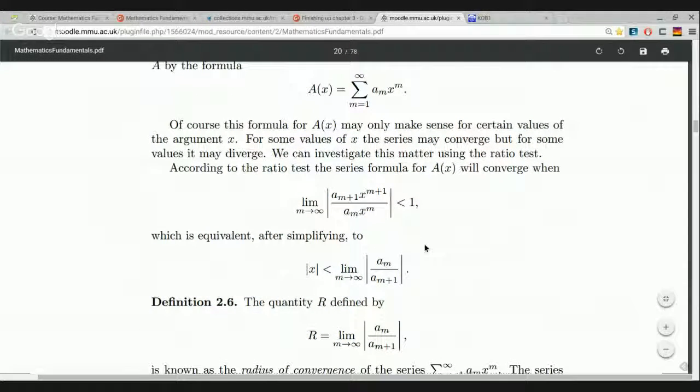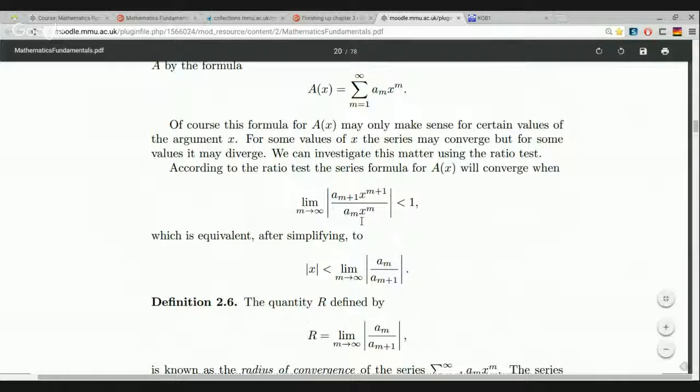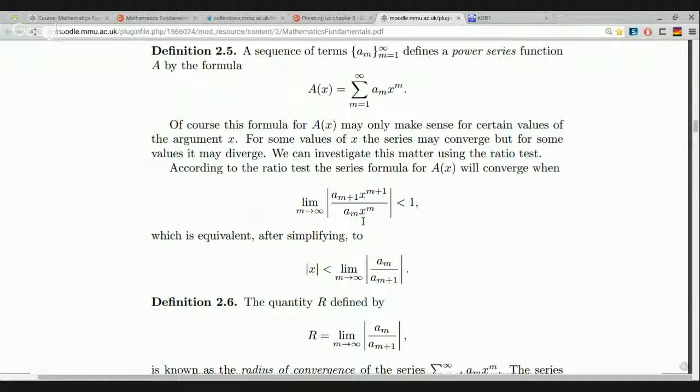So we're looking for when that is less than 1. Now, that will depend on what the value of x is, because the a_m are known, fixed coefficients, but x is a parameter, a variable. So for some values of x, that limit might be less than 1, and for some values of x, it might not be.